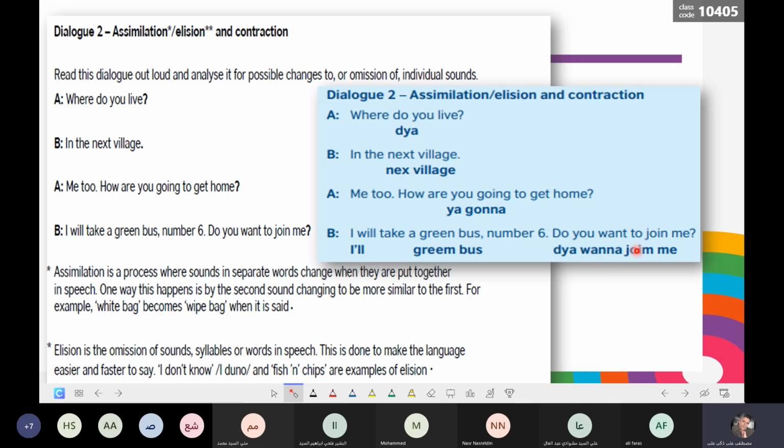And "join me." "Join" has the N sound, and "me" has an M sound. So the N sound in the word join changed to M. Join me. It's not "join me," it's "joim me." Is that okay?